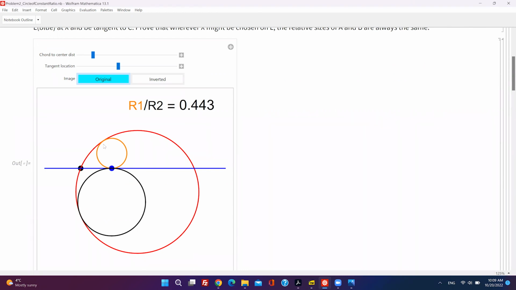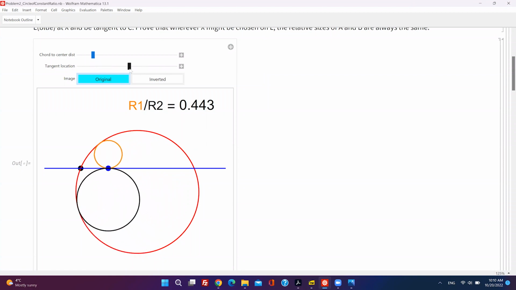And every time you move it, you draw a circle tangent to the chord at this blue point, and tangent to the large circle. So the key is, regardless of how you move the tangent location, the circle changes size, but the ratio of the radii of the two circles is the same.